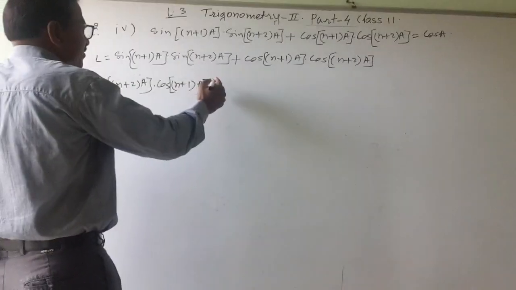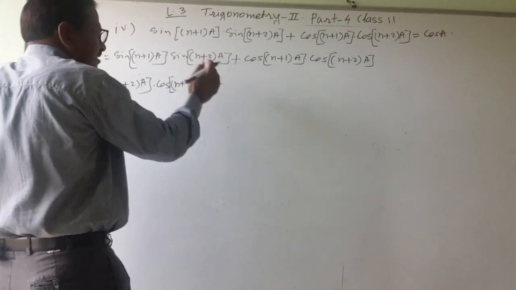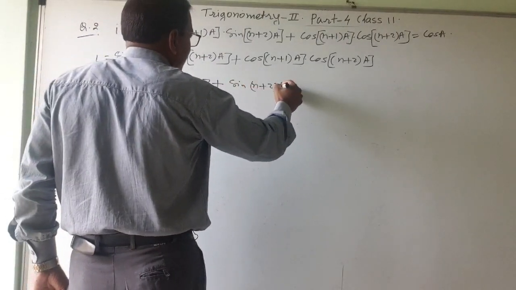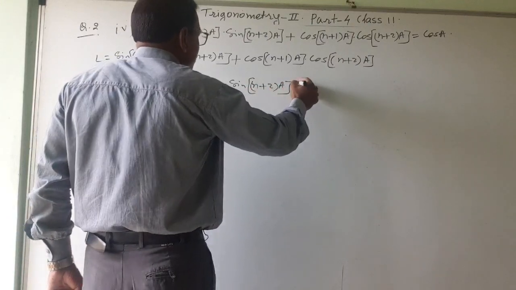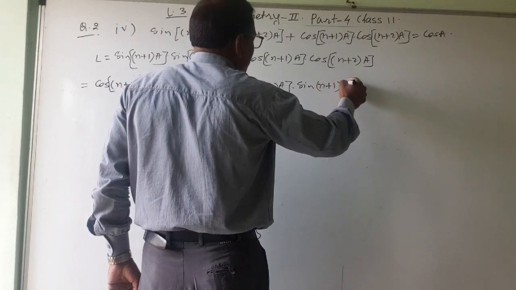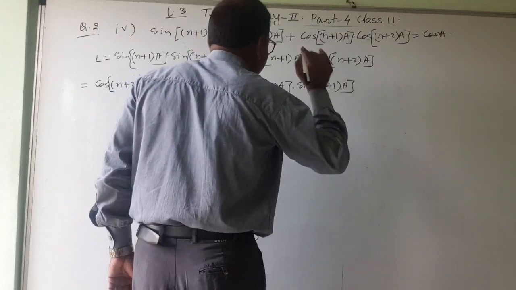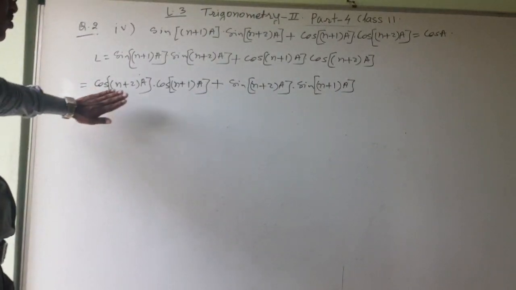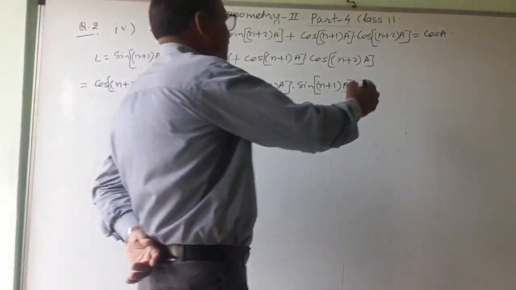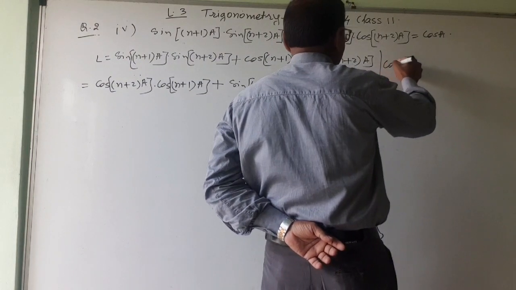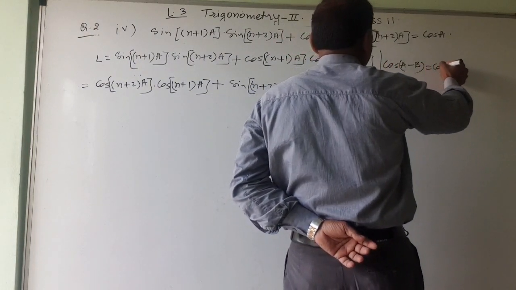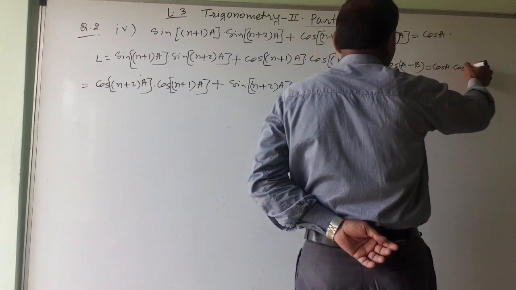Now this I will write first. This one, sine of (n plus 2) into a into sine of (n plus 1) into a. This way. Cos, sin. Here it is plus. That means it is the expansion of cos of a minus b, which is equal to cos a into cos b.